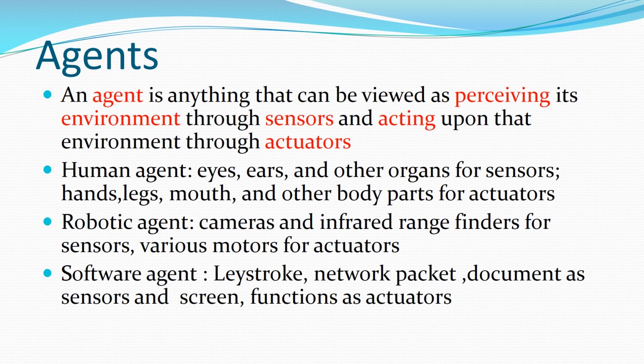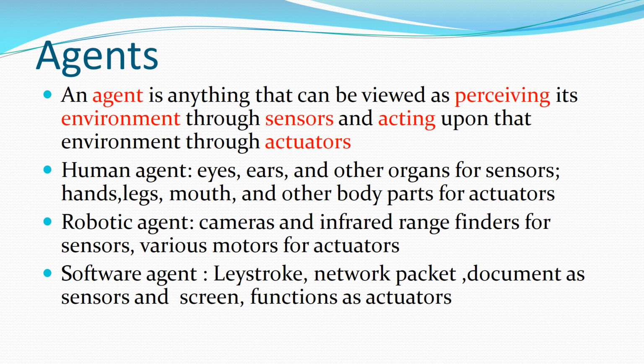To understand this, we will see an example of a human agent. Humans have ears, eyes, and skin for sensing purposes. So the ears, eyes and skin are the sensors for the human agent, which will perceive from the environment.